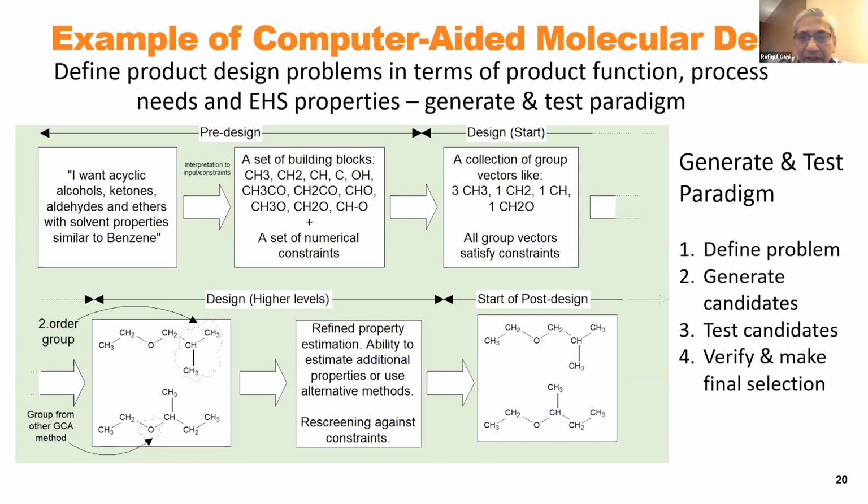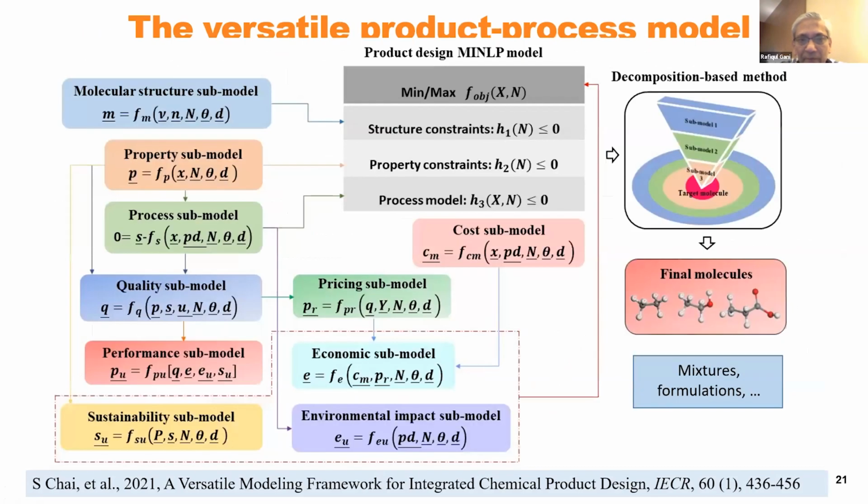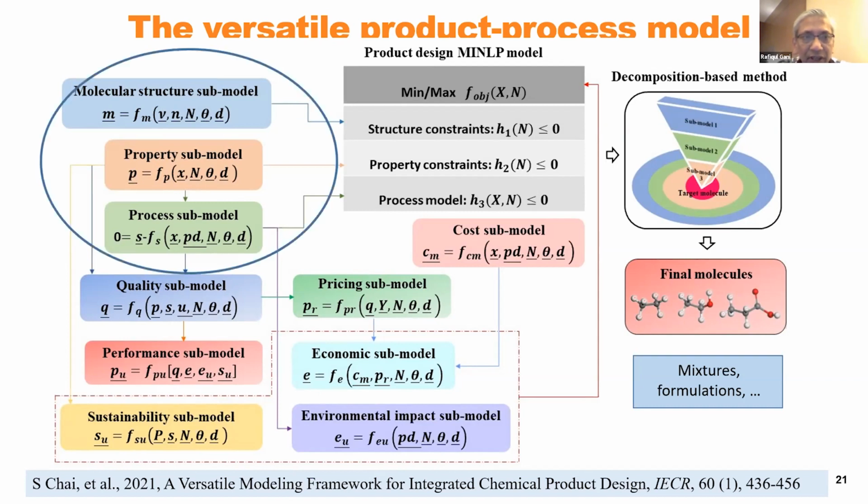We can automate that by putting it into a mixed integer linear or nonlinear programming algorithm. So we will do basically the same thing, but we will not do generate and test. If you remember the stages of product development, there were different stages. For each stage, if we had a model, then we could develop everything on a model-based system. So here are the models for the product, the process, and the property.